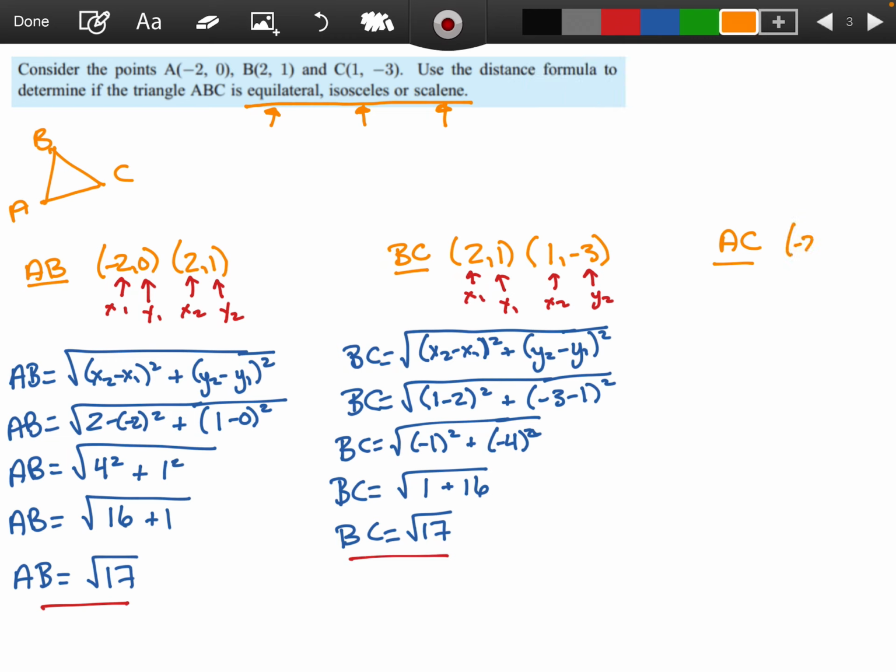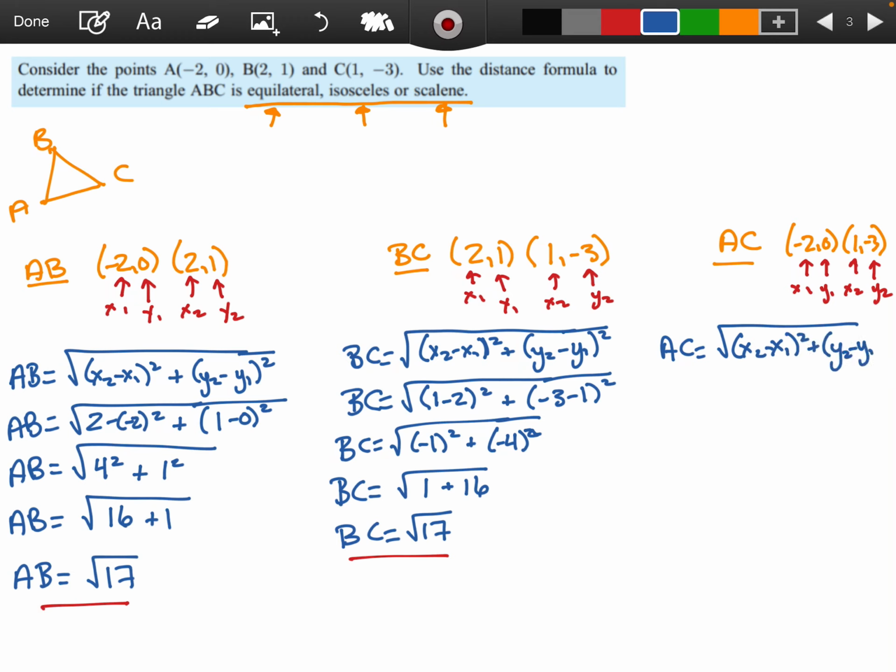So AC means we're using negative 2, 0, and 1, negative 3. So again, x1, y1, x2, y2. So AC equals the square root of x2 minus x1 squared plus y2 minus y1 squared.